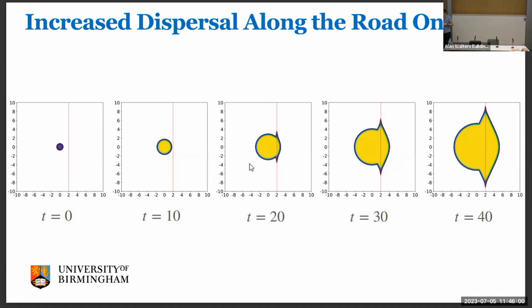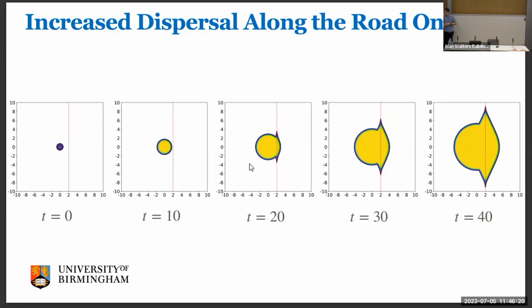So now here, what we've done is increased the distribution. We've increased how far it can spread just in the direction along the road and left everything else constant.